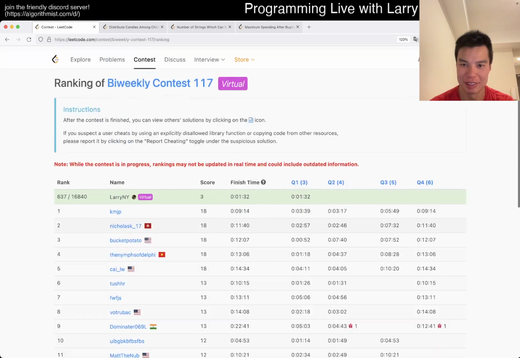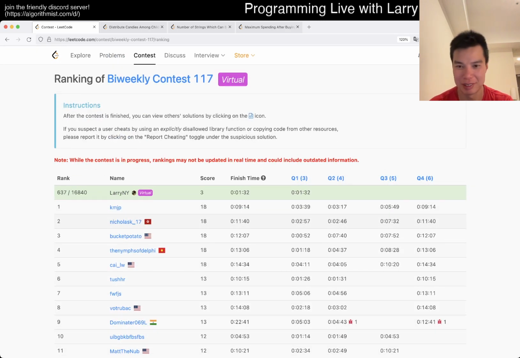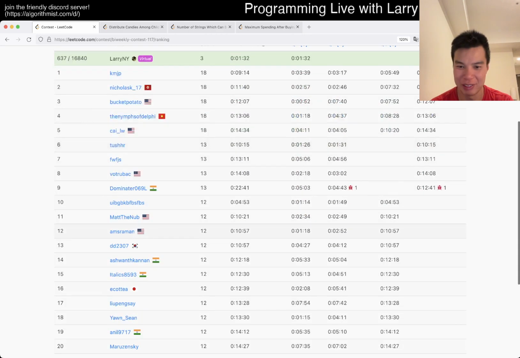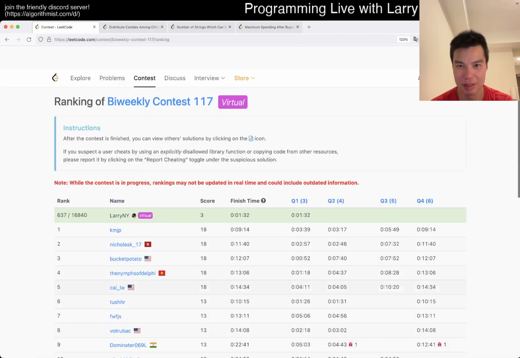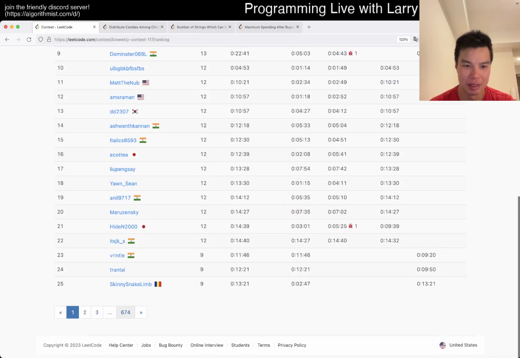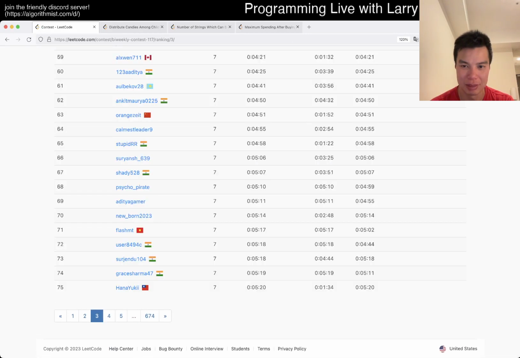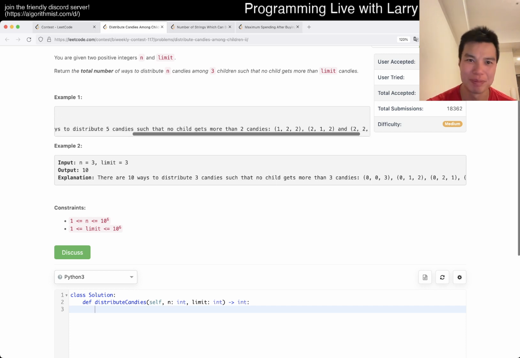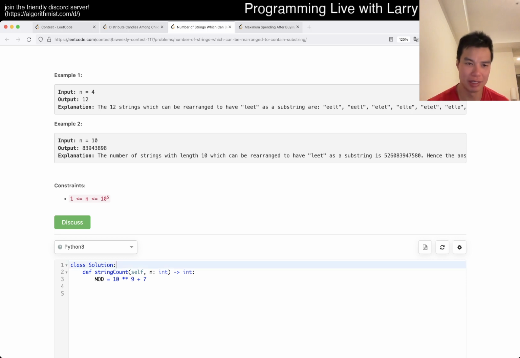Let's see. Wow, people finish up. Well, some people are good at math, but this is not a great result. Q2, a lot of people got, seems like. So I really should be able to do this. I don't know why I'm so stuck. But all right, let's see if I can finish this first.